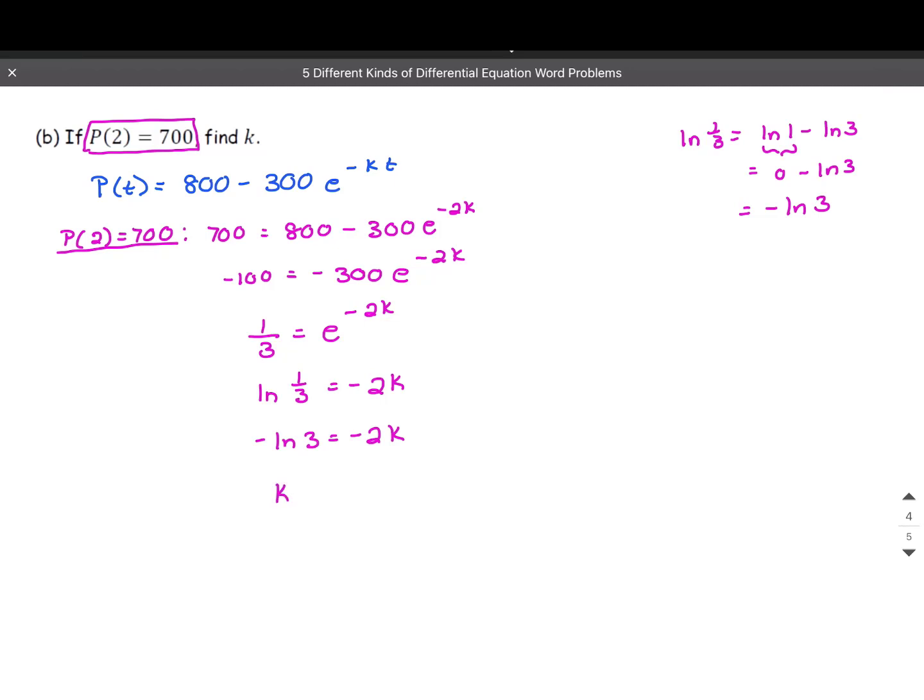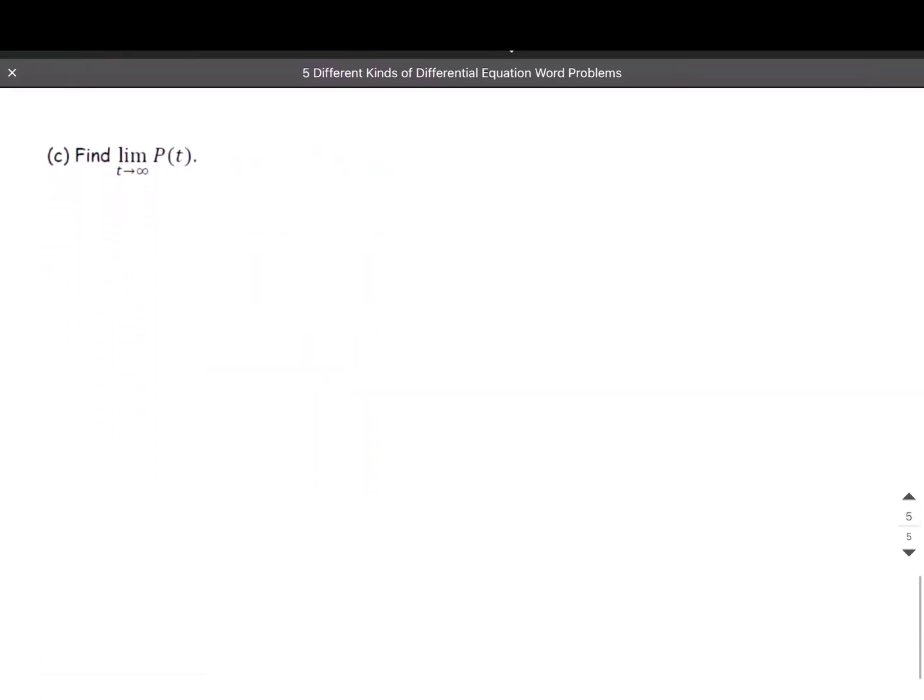Now to finish off, we have to divide both sides by 2. So k is the natural log of 3 over 2. Phew, we found k. And we're still not done. Now they want us to find the limit as t heads to infinity of p of t.